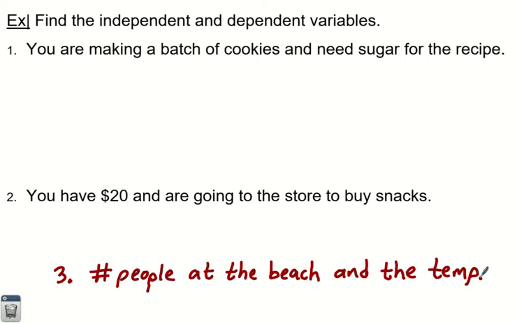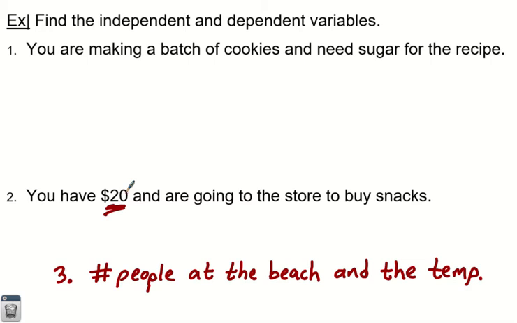And then number two, let's say that the amount of snacks you can buy will depend on how much money you have. You could definitely spin it the other way, but if we only have $20, then the amount of snacks would depend on that.